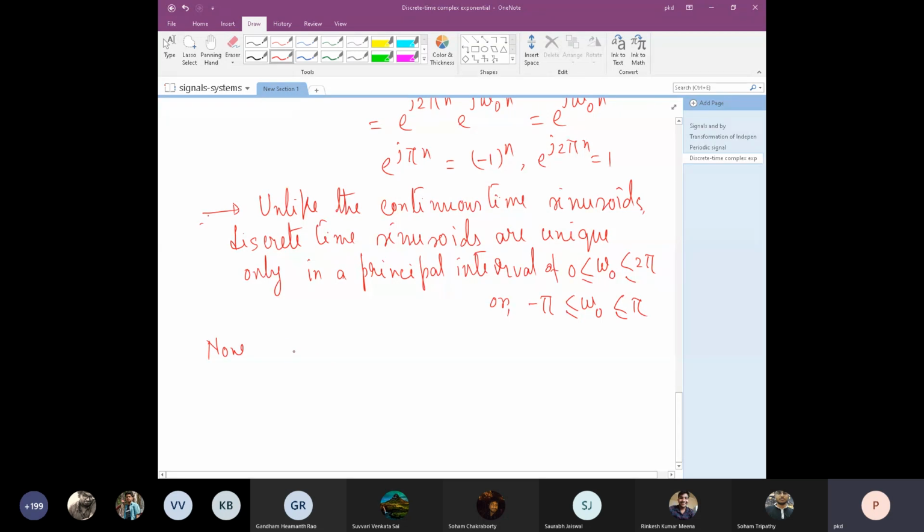So now considering the definition of periodicity, exponential of j omega naught into n plus N, where small n is the variable and capital N is the period, should be equal to exponential of j omega naught n for a periodic signal.